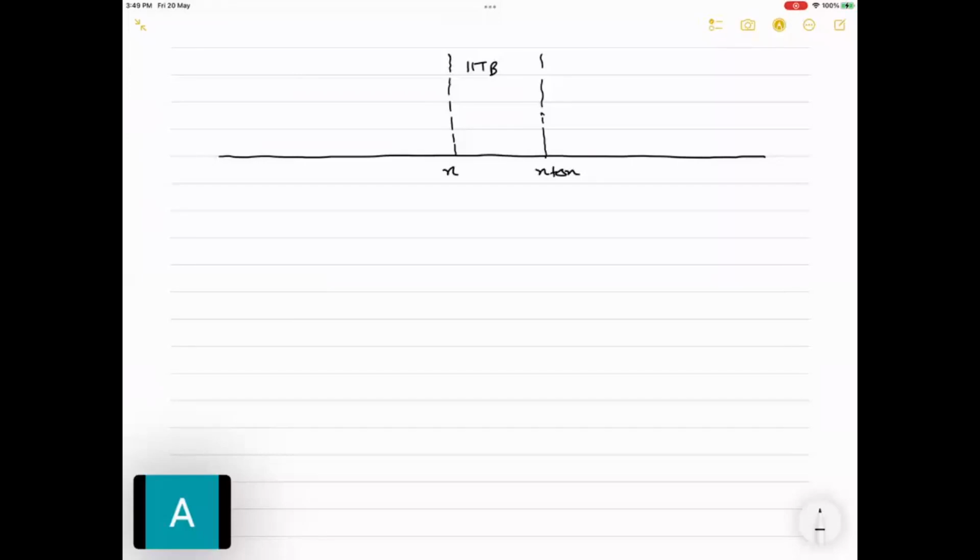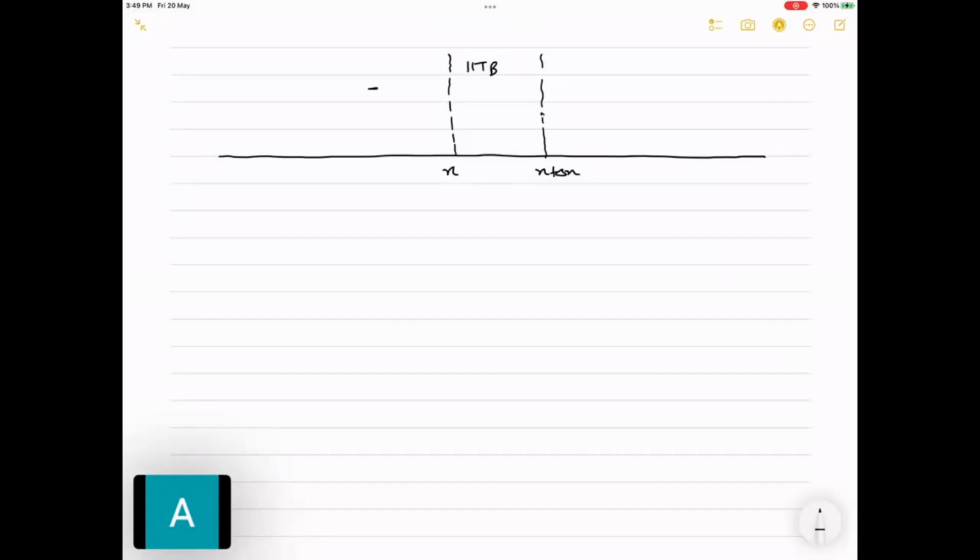Now, suppose I'm counting how many cars are coming to IIT Bombay in an hour, per unit hour. And if more cars are coming to IIT Bombay per unit time, then I will denote them with a large number of arrows. So let's say on a particular day, I am counting how many cars are coming to IIT Bombay campus per unit time.